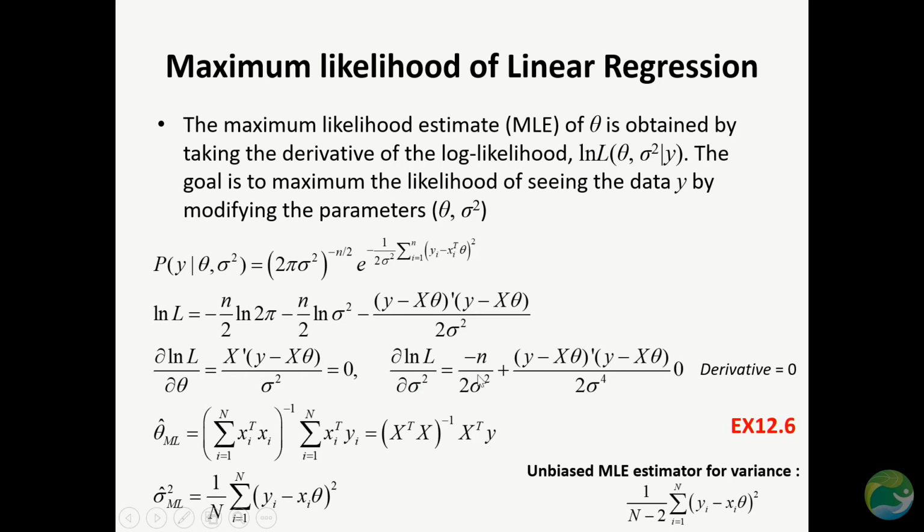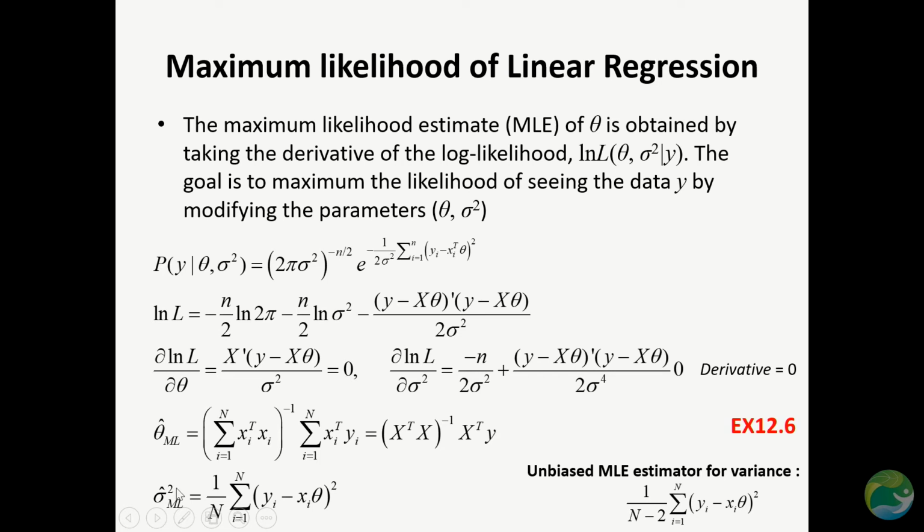By solving these two equations, in the end, we can have the maximum likelihood estimate value called theta hat ML, which is equal to this equation. This is the analytical solution. An analytical solution, okay?